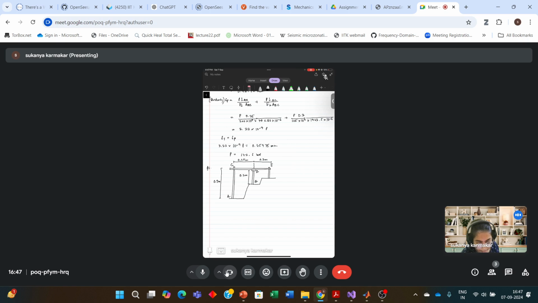A 22 mm diameter steel rod AC passes through a hole in the bar and it is secured by a nut that is snugly fitted when the temperature of the entire assembly. So you basically have a nut here, and this is a brass cylinder, and this is a pin type of connection.